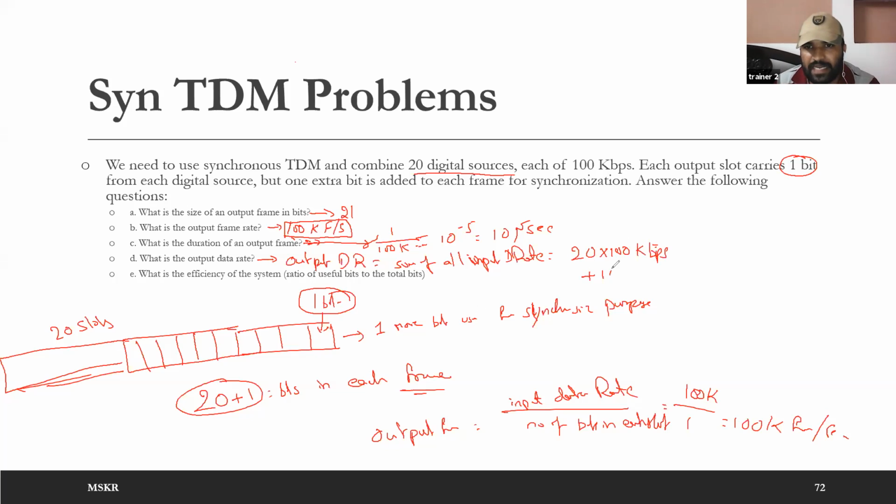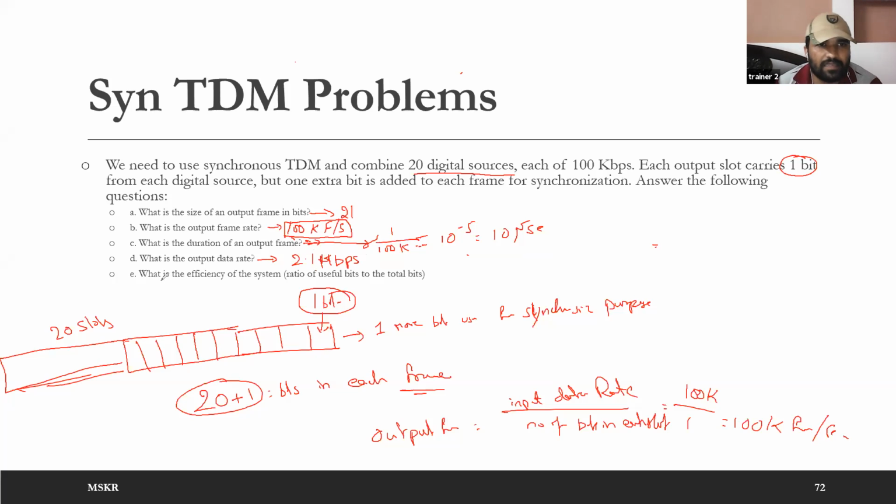So you will be sending 100 kbps more. It is actually 21 into 100, not 20 into 100. So the output data rate is 2.1 million bits per second.